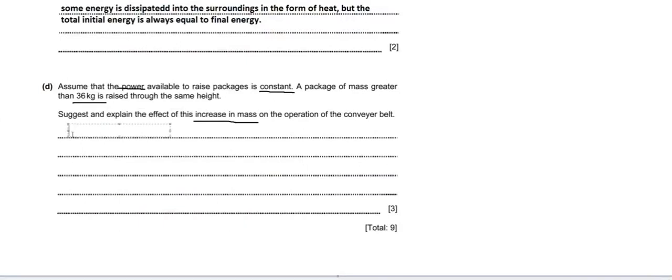So first of all I will write down here the power formula, we know that is nothing but energy divided by time. So we know that energy divided by time here, it is the first important thing. And as the mass increases, I write down gravitational potential energy also increases.